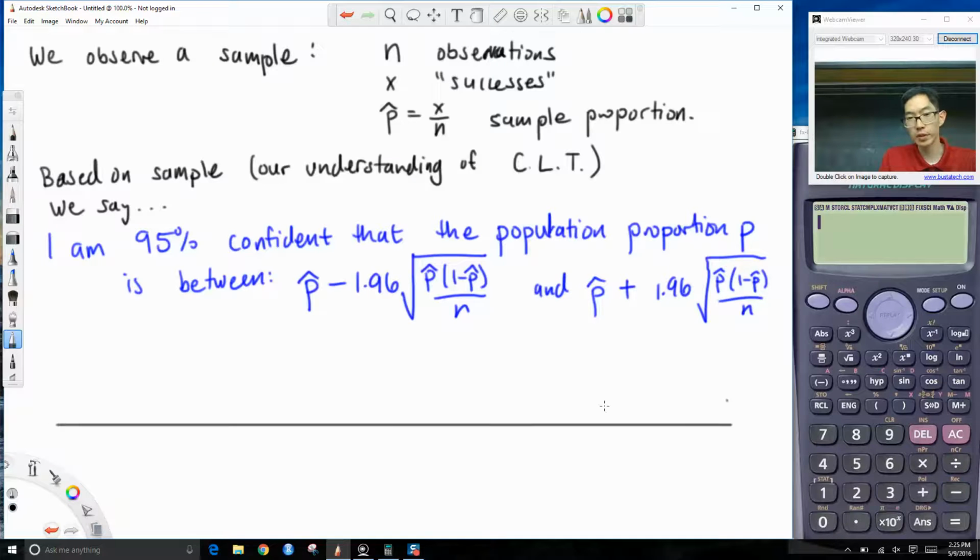So on some number line, maybe you locate that p hat is right here.